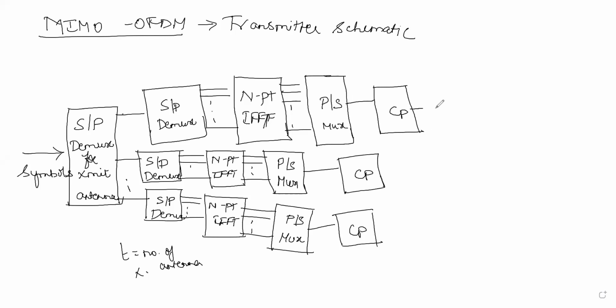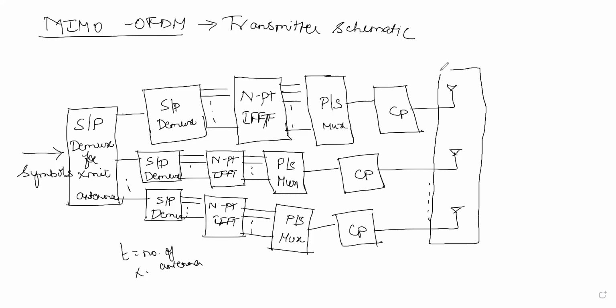Now it gets transmitted by the T number of transmitting antennas. This is going to be the multiple transmit antenna.